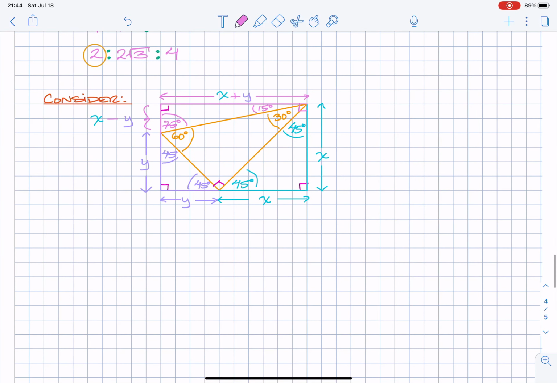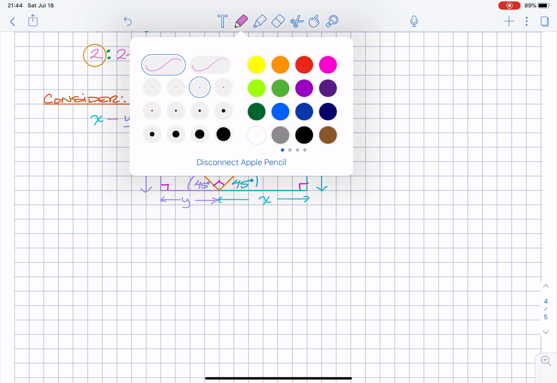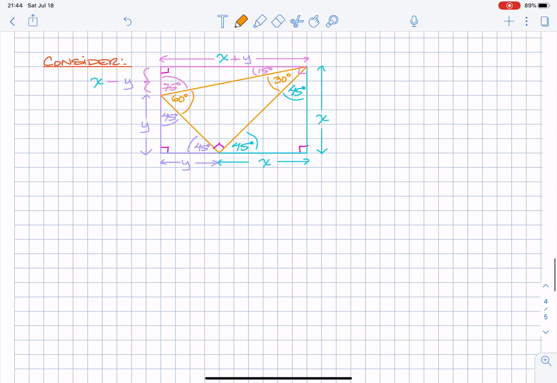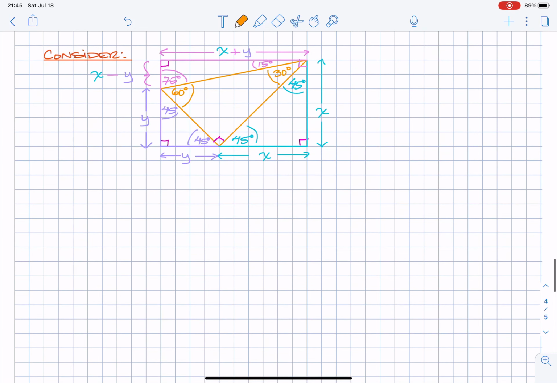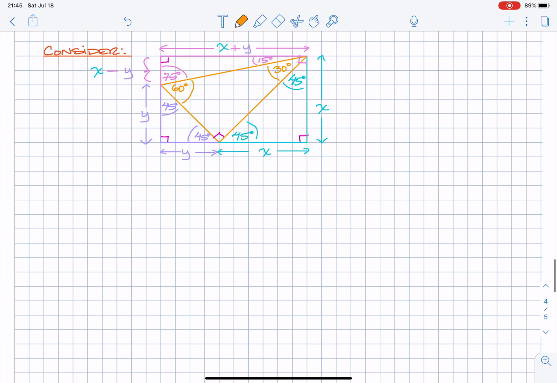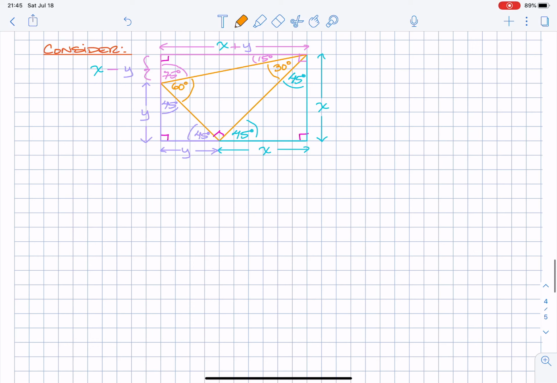Okay, so let's consider the orange triangle is a 30, 60, 90 right triangle. What shall I do? Let's call this length 2.